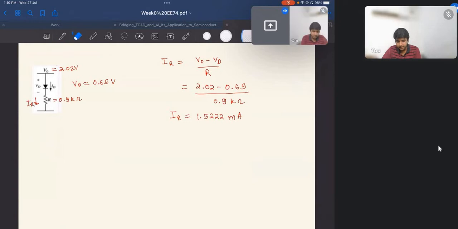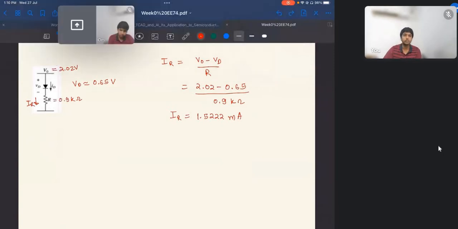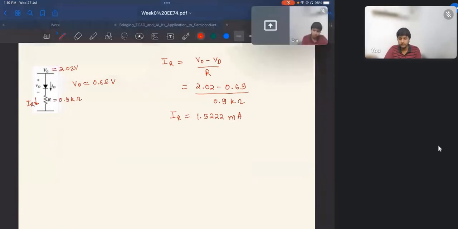Okay, so this IR is flowing here, and it is the same as the current ID. So ID will be approximately equal to IR, 1.522 milliampere.